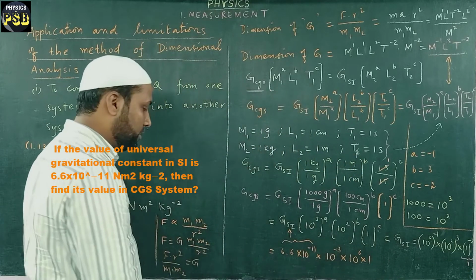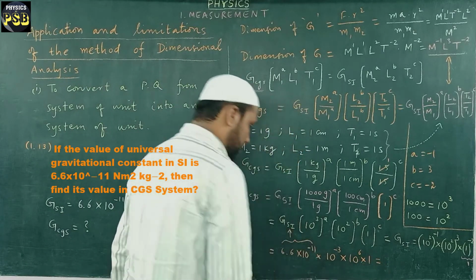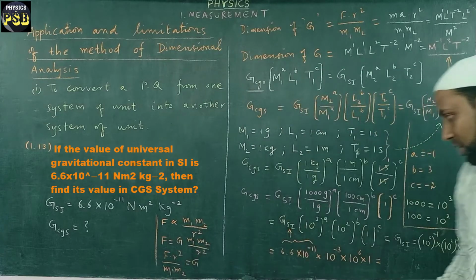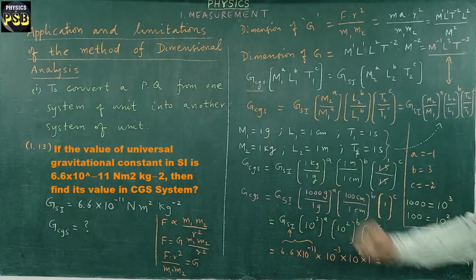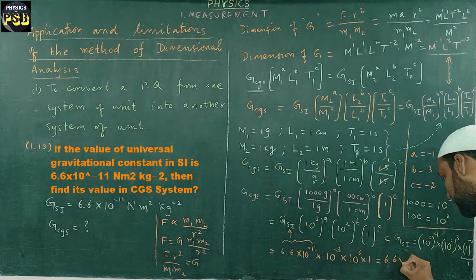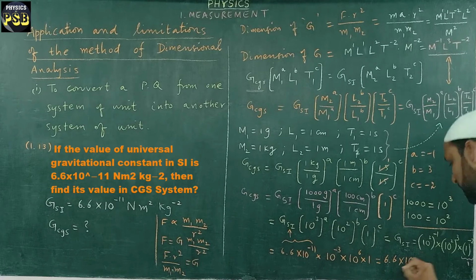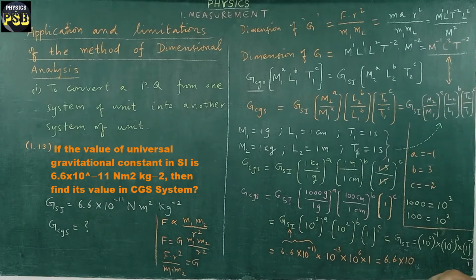I told you earlier. Now, see the most important thing that I do here. Look at this carefully. How do I multiply these 3 tens with different power? Here I write 6.6 as such. Then I multiply this with 10. Then I raise 10 to this power.